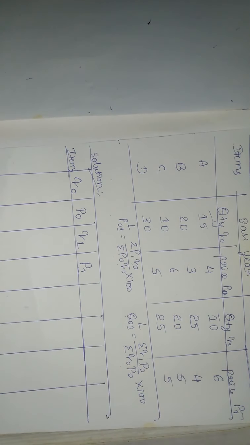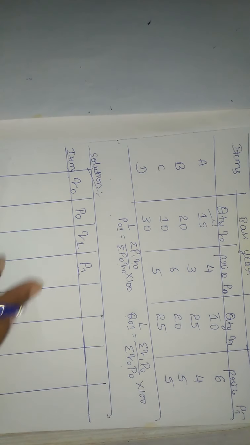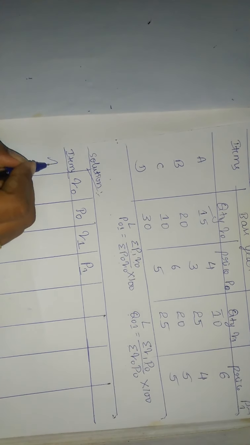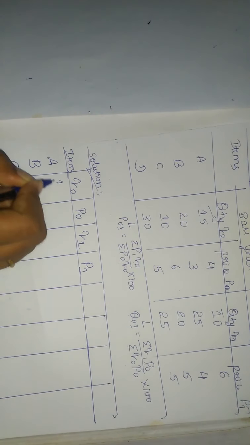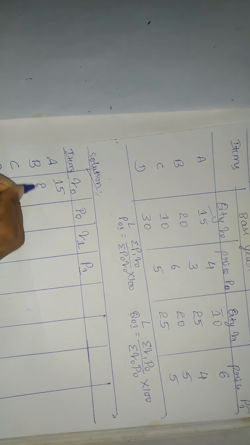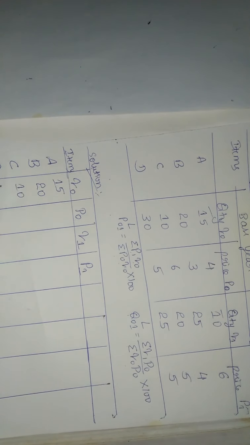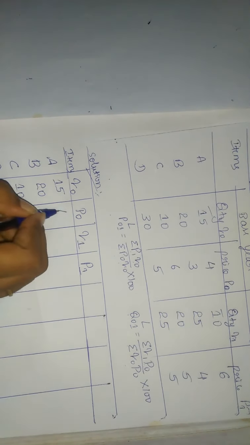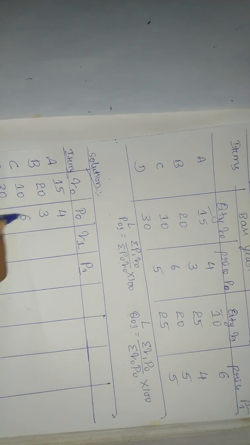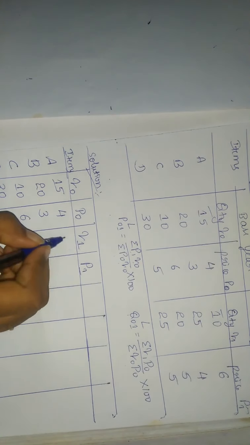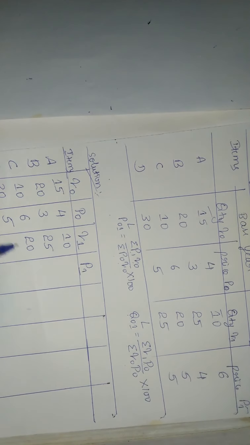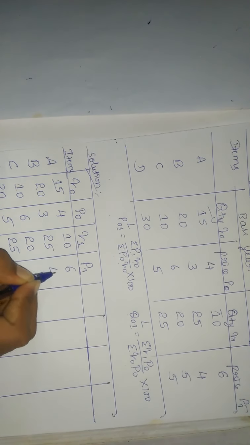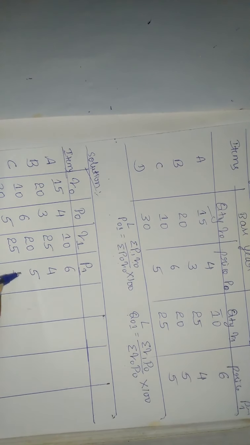First you have to write these items: A, B, C, D. Q naught: 15, 20, 10, 30. P naught: 4, 3, 6, 5. Q1: 10, 25, 20, 25. P1: 6, 4, 5, 5.